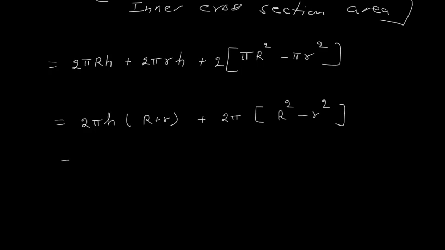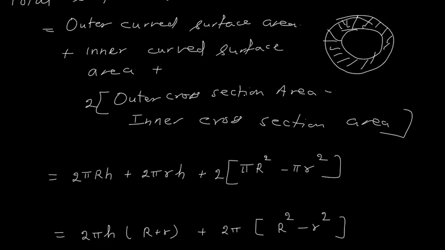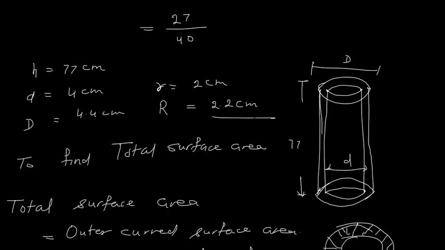So this is equal to 2 into 22 divided by 7 into h. H means height. So what is the total height? Total height is 77.